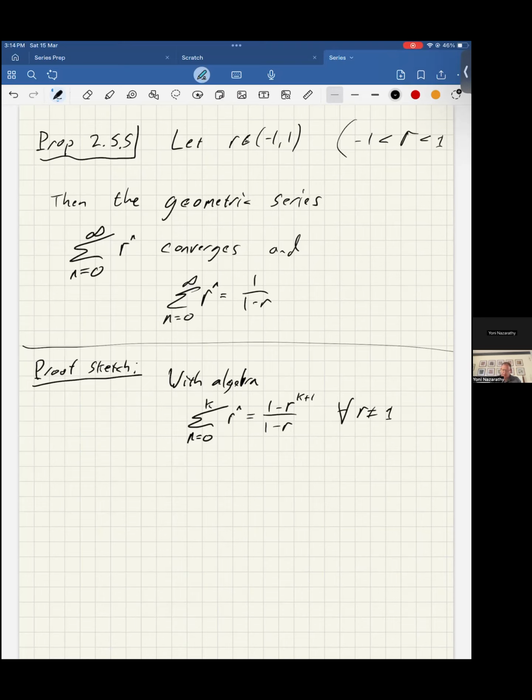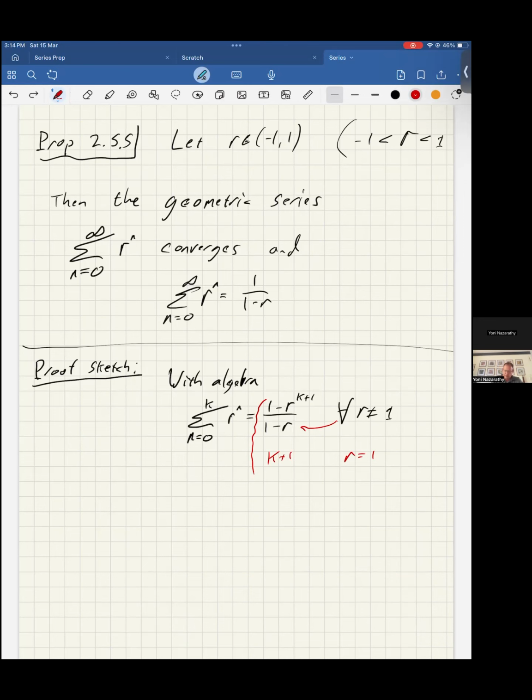You can also show that for r equals 1, this would have just been k plus 1, right? You just have k plus 1 terms there. This expression is not defined for r equals 1 because you're dividing by 0.